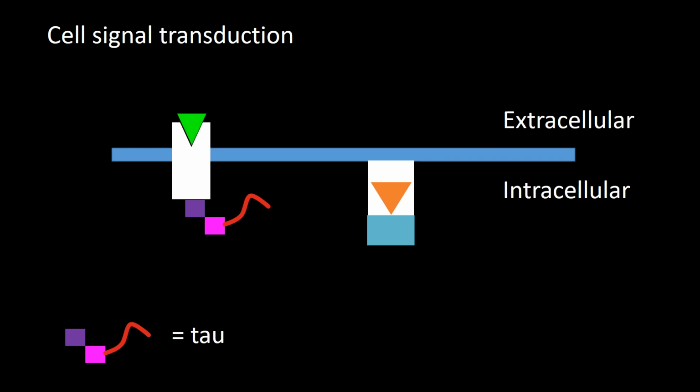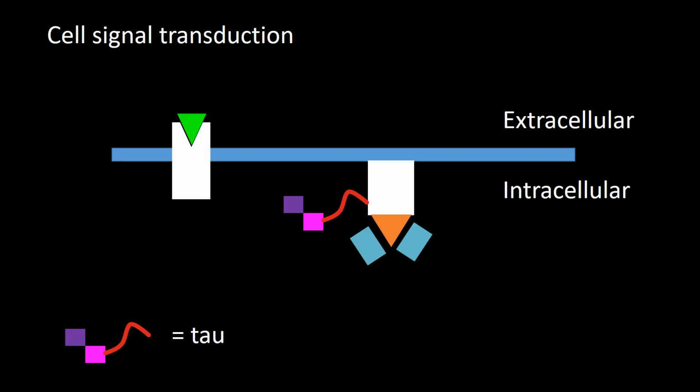Now look at what happens when an extracellular element interacts with the receptor, as represented by the green triangle moving into the receptor. The tau protein dislodges from the receptor, traveling to another membrane-bound structure, and there it triggers a change in configuration of the element, activating it. This activation produces a splitting of an adjacent compound, here represented by the light blue rectangles.